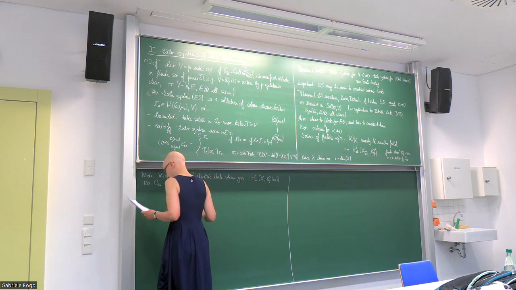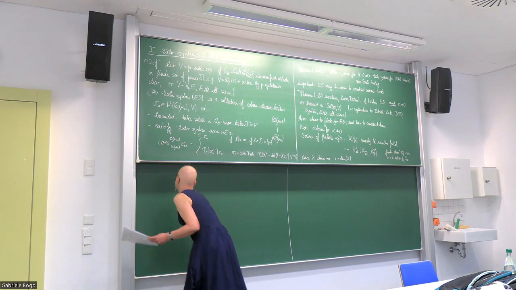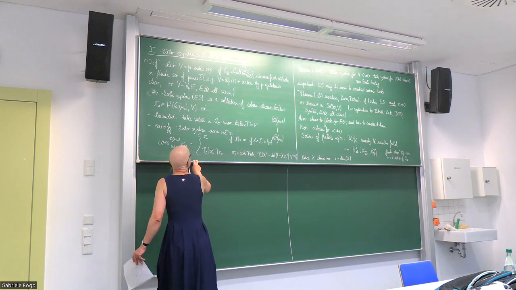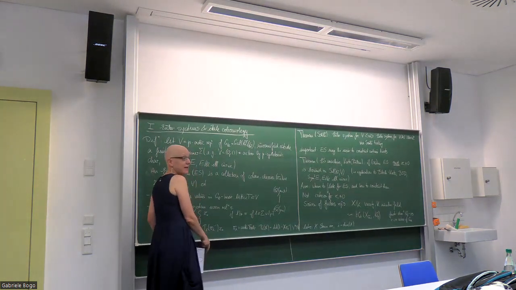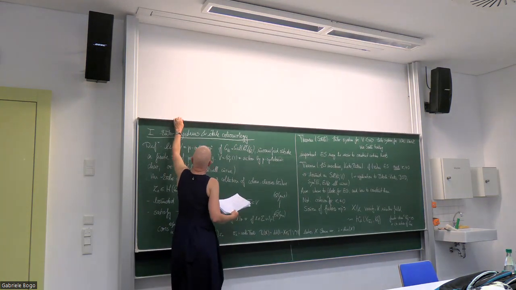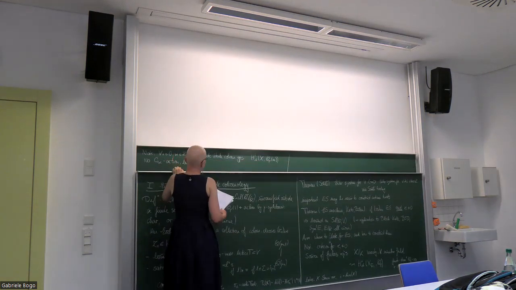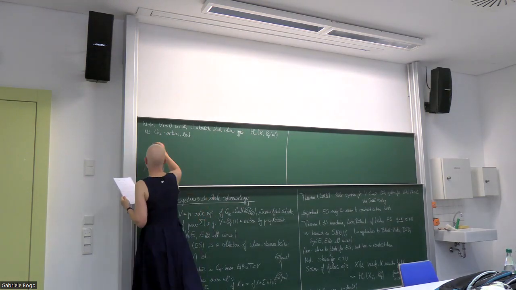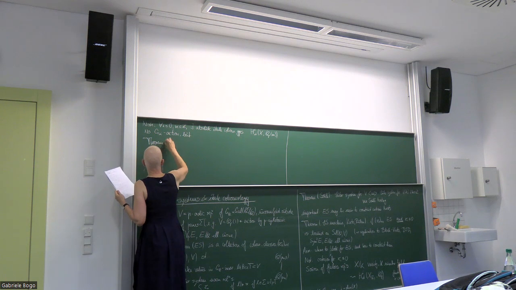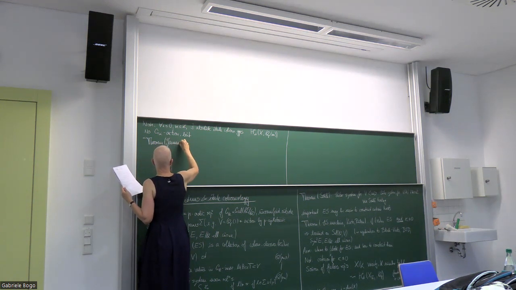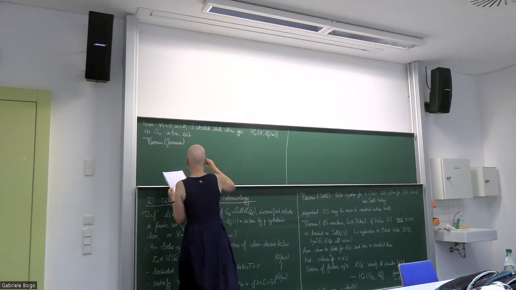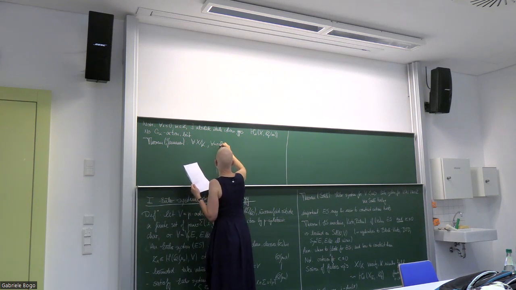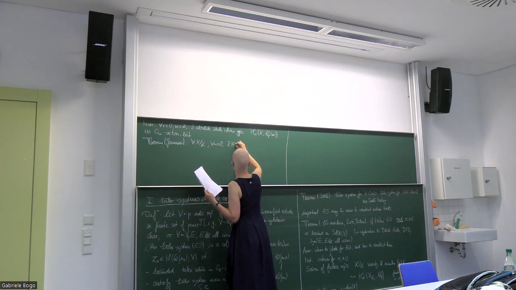However, we have the following theorem of Jannsen, which says that for all X over K and for all n in Z, there exists a Hochschild–Serre spectral sequence.